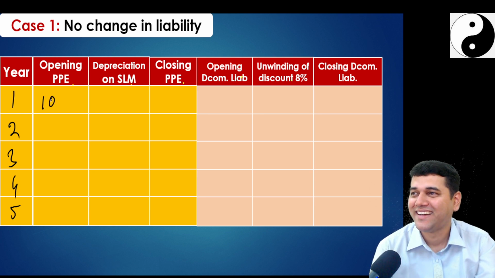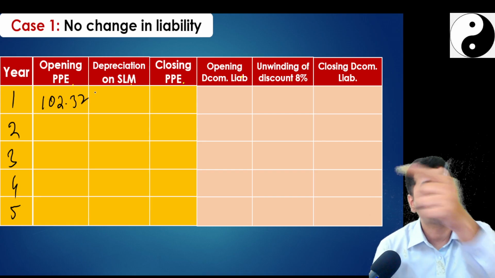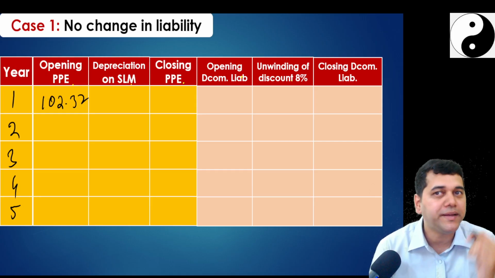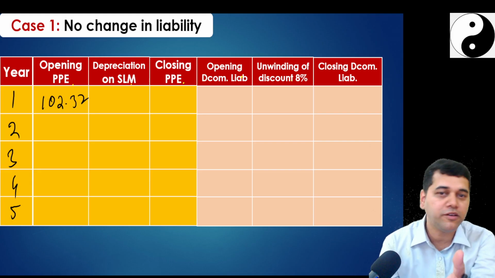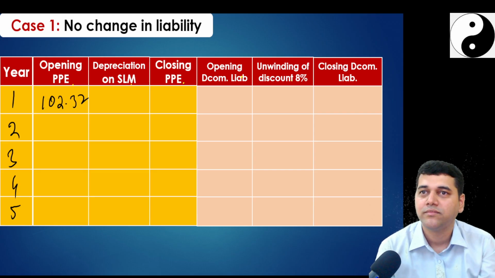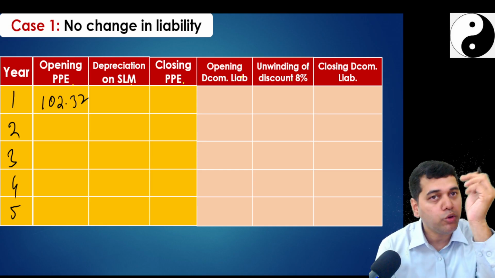How much? 102.32. See, in all the questions, decommissioning liability was already part of the value they used to give. This time they have separated it. Concept again. You miss it, gone. Whatever free of cost you used to get, that is also gone if you start with 100 there, or 105.